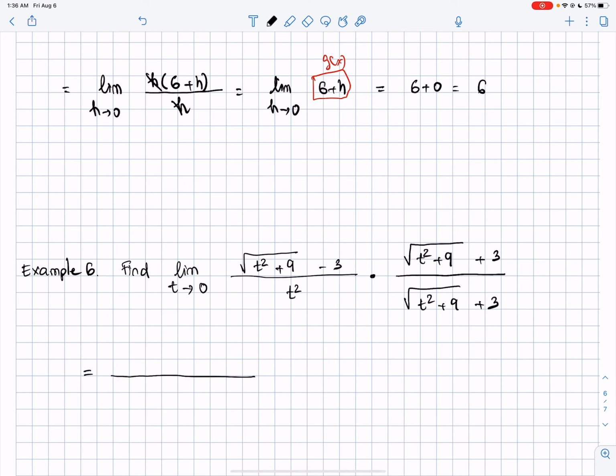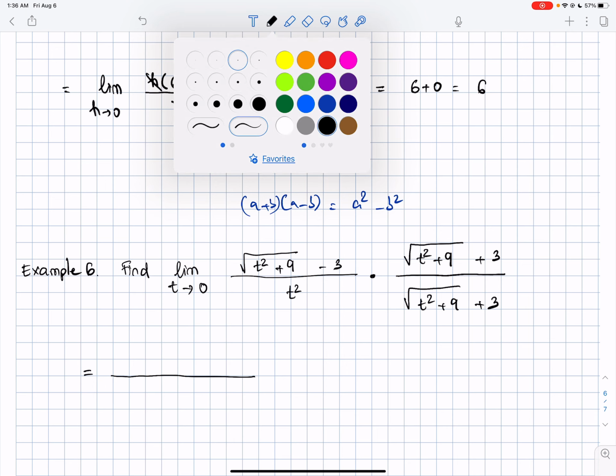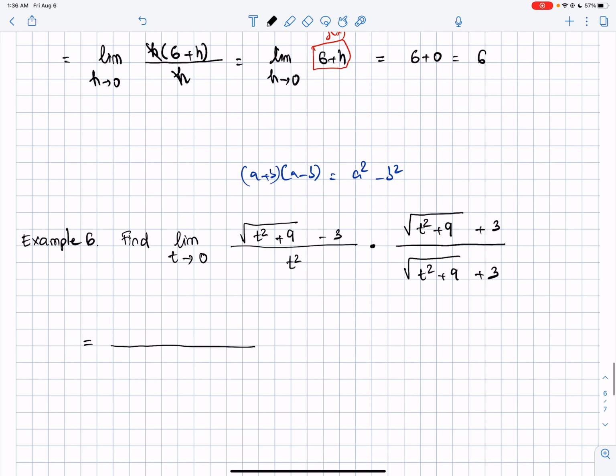On the top, I use the formula a plus b times a minus b, and I get a squared minus b squared. So I will get the square root of t squared plus 9, squared, minus 3 squared, divided by t squared times the square root of t squared plus 9 plus 3.